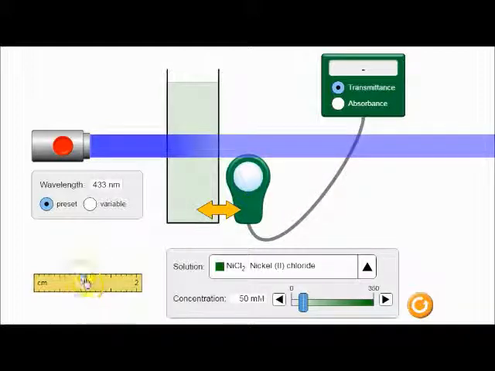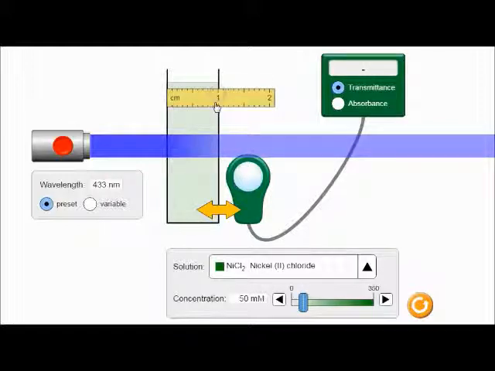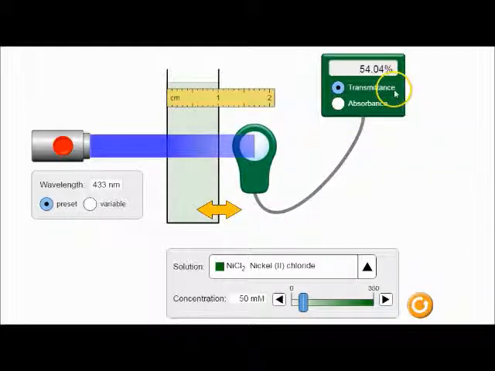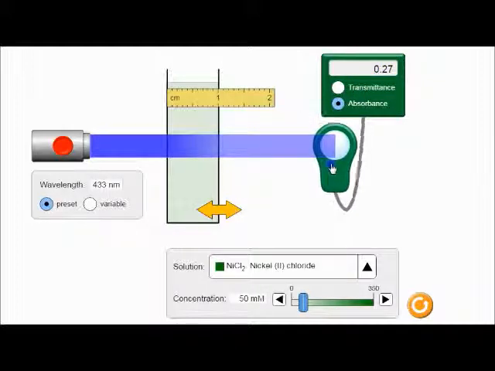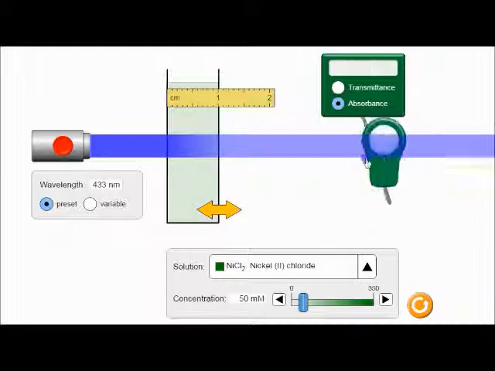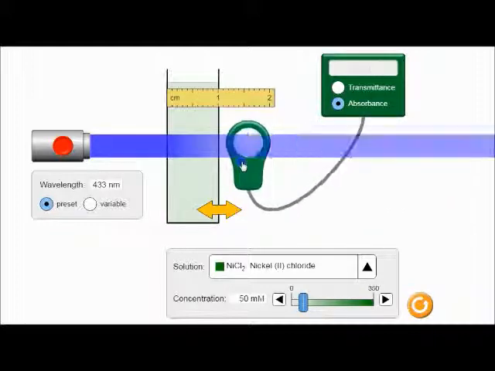Notice there's a ruler here. So 1 centimeter of liquid width here gives us 1 transmittance percent, or 1 measurement of absorbance, and that doesn't change no matter how far away from the cuvette I get.